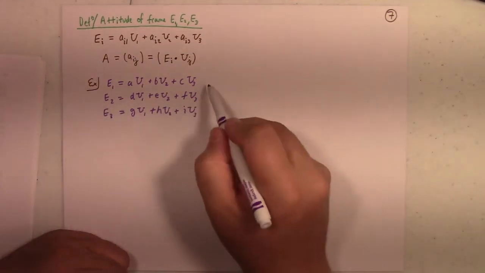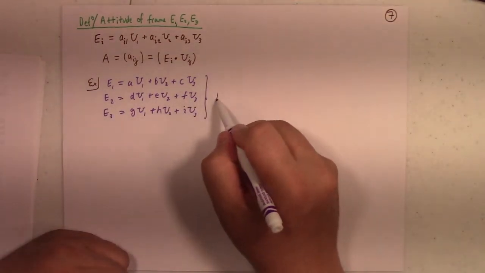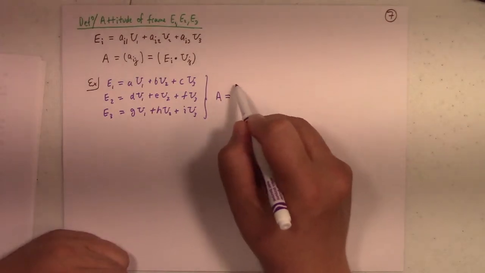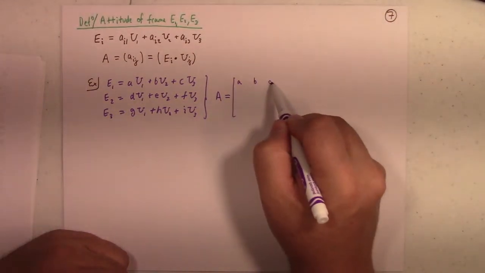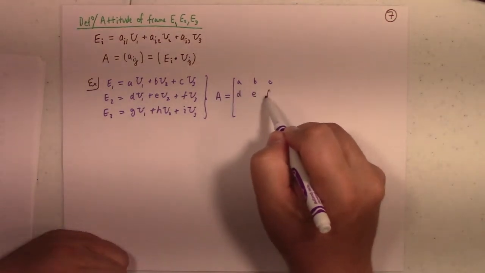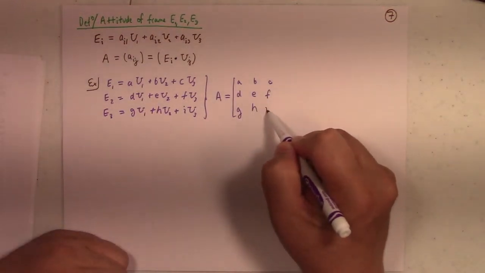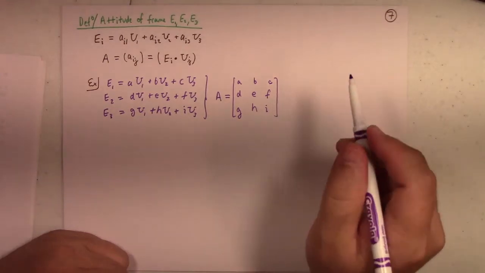In this case, you can read from this directly. The attitude matrix would be A, B, C, D, E, F, G, H, and then I. There you go. That would be the attitude matrix.